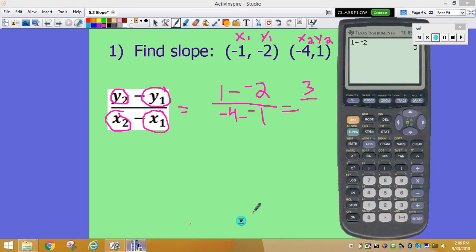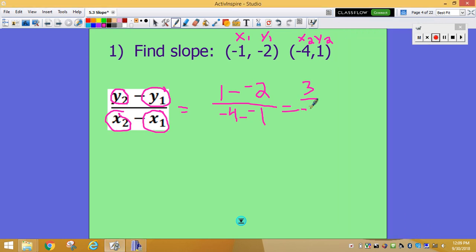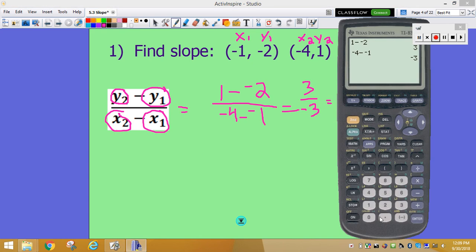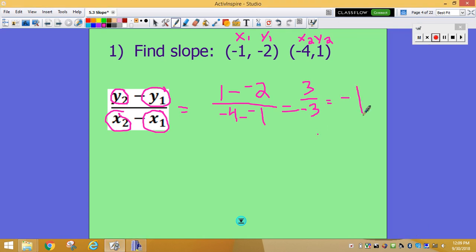Then we're going to do the bottom. On the bottom I got negative 4 minus negative 1. So that's what it should look like when you type in the bottom. And I hit enter and I get negative 3. And then your last step is to actually divide those. So we're going to do 3 divided by negative 3. And my slope is negative 1.